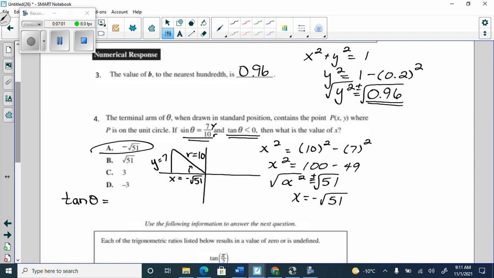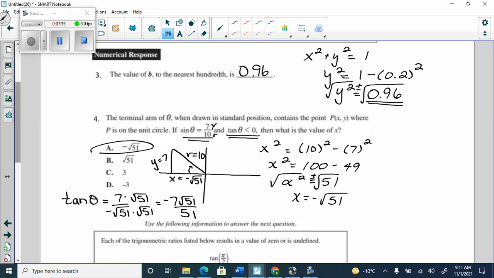I want to make you do more. 7 over negative root 51. So we would get negative 7 root 51 over 51.